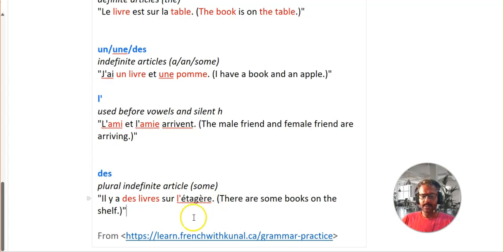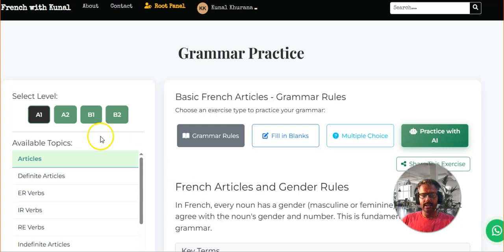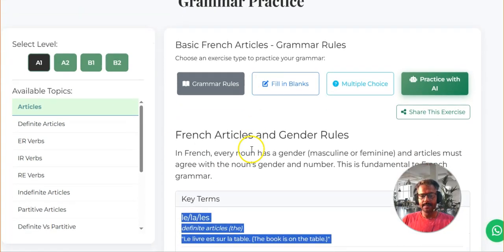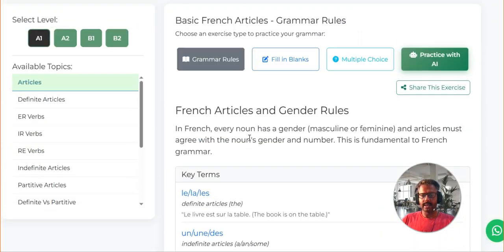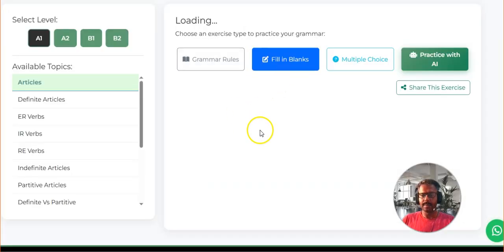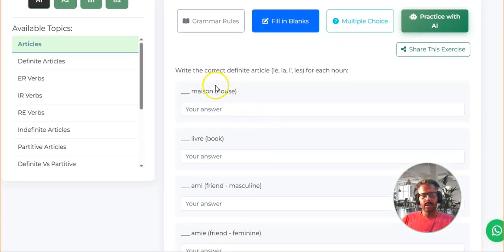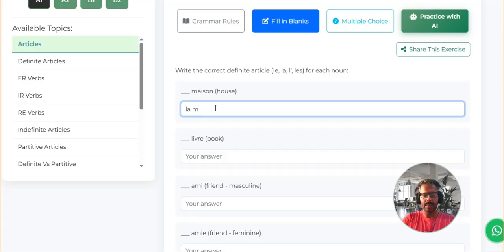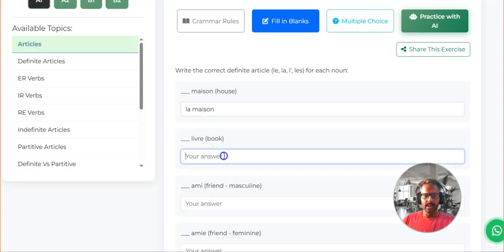Now let's just practice. We'll go to my website here and see what we can do to practice. First of all, we'll just look at fill-ups. There is not any rocket science into it. We just have to cram these. We know that maison is feminine, so it's la maison. Livre is masculine, so le livre.